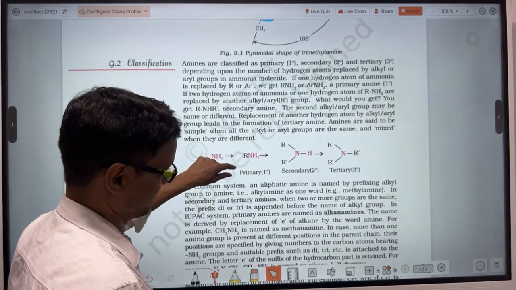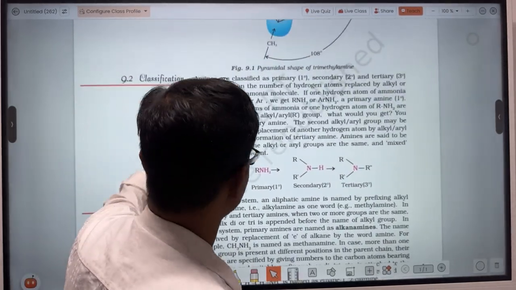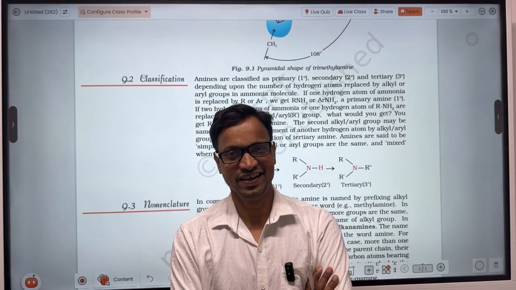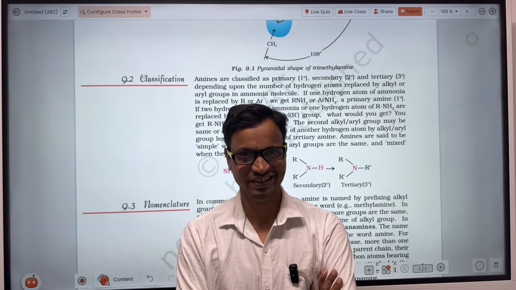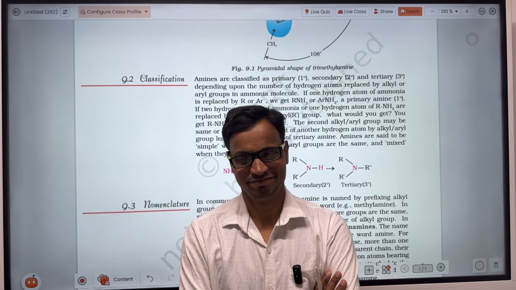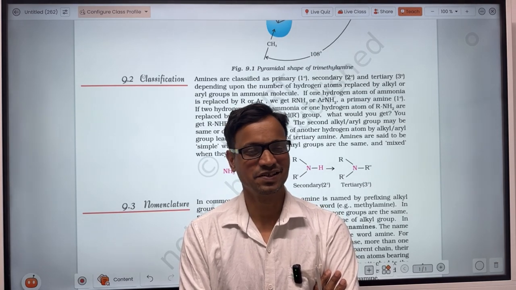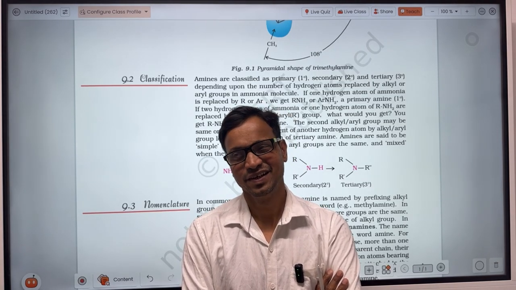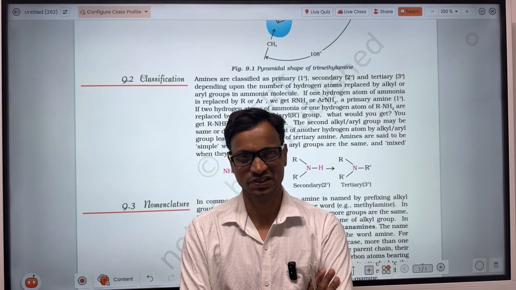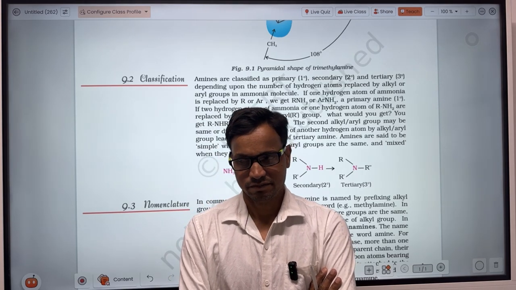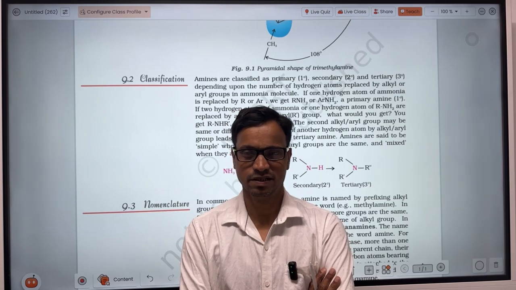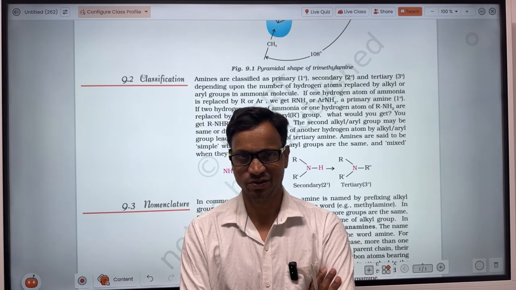Now after that is the classification of amines. The classification of amines is different from that of haloalkanes, haloarenes, as well as alcohols. In aldehyde and ketone, the classification was not there because there was only CHO and C double bond O. When we classify amines, we don't classify them as alkyl amine, aryl amine or benzyl amine.